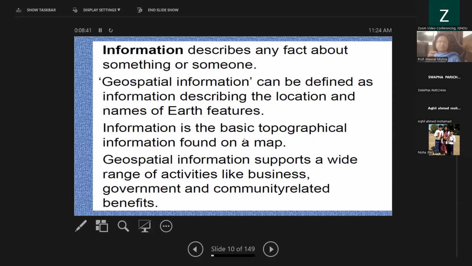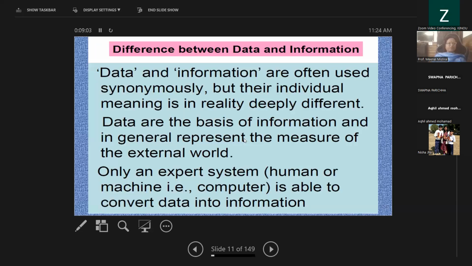This geospatial information supports a very wide range of activities, like business, government, and community related benefits. This information is used by decision makers, as you will see in your lectures onwards.